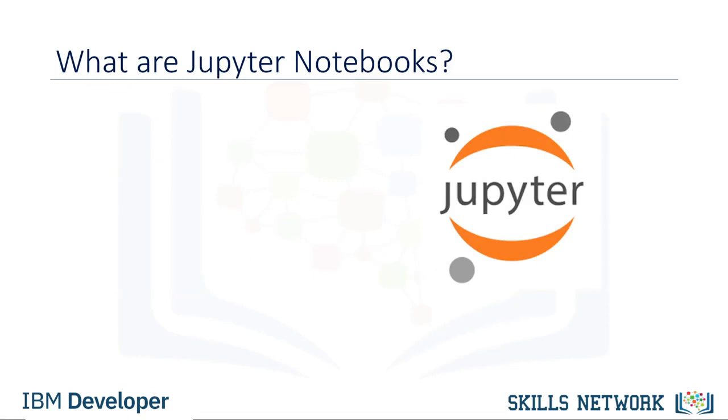The Jupyter Notebook is an open-source web application that allows you to create and share documents that contain live code, equations, visualizations, and narrative text. Here are some of the advantages of using Jupyter Notebooks. Notebooks support over 40 programming languages, including Python, R, Julia, and Scala.